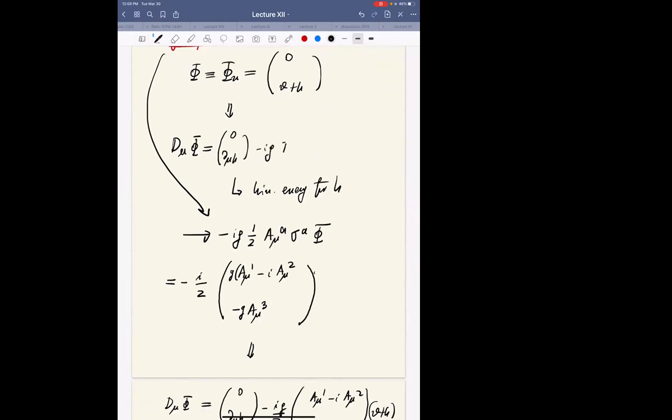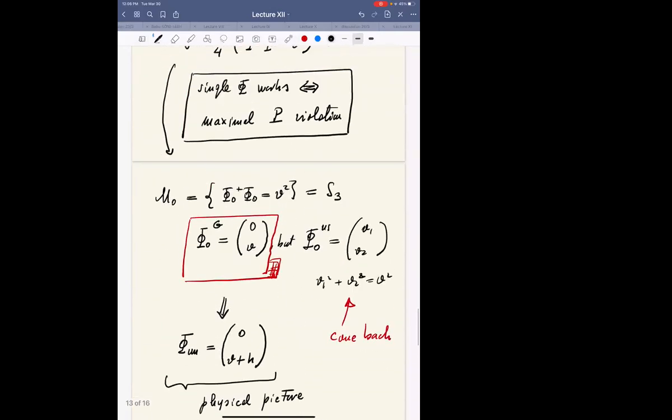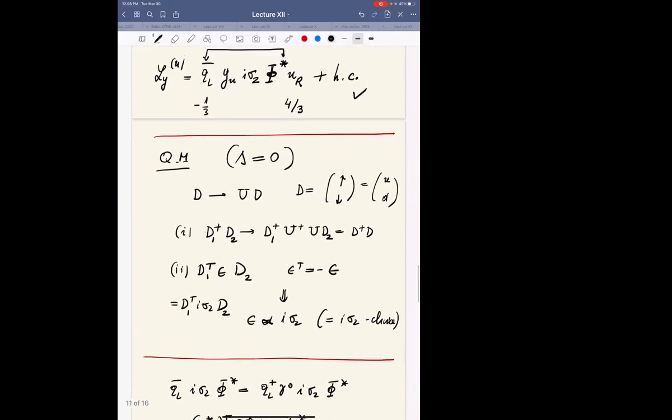Minus i g T^A A_mu^A times phi, minus i g prime, the coupling constant. The generator is called Y over 2. That's our convention. The gauge field is called B_mu, and we have phi. g prime is the coupling constant over U(1).